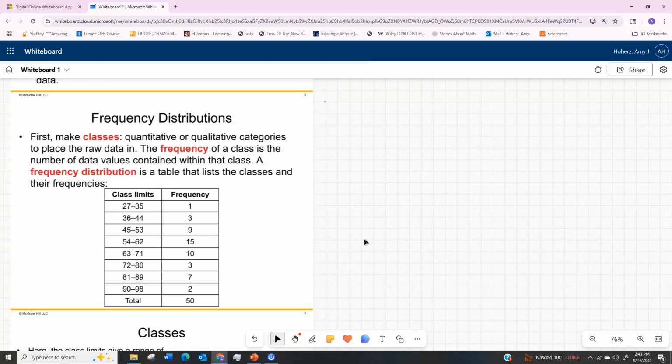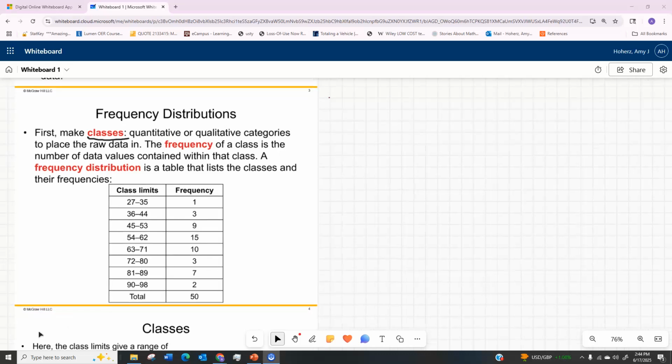So the first thing we're going to do with a frequency distribution is make what are known as classes. The classes in a frequency distribution are groupings. So instead of listing out all 50 ages separately, we're going to define these classes and mark down how many are in each class.